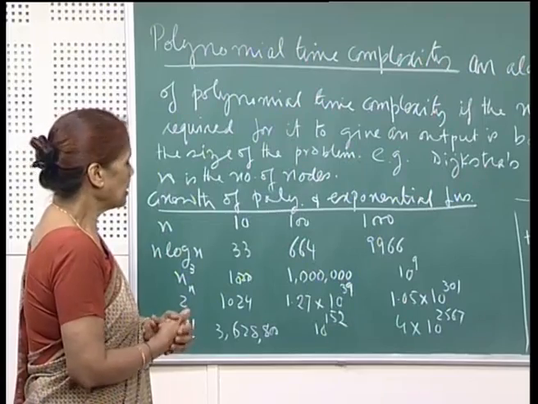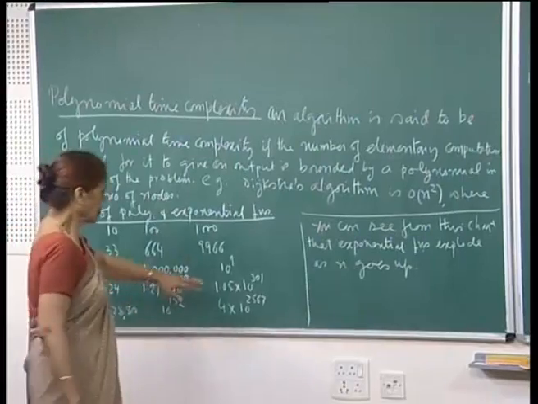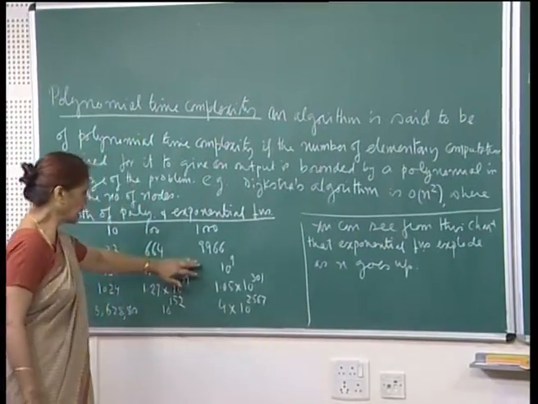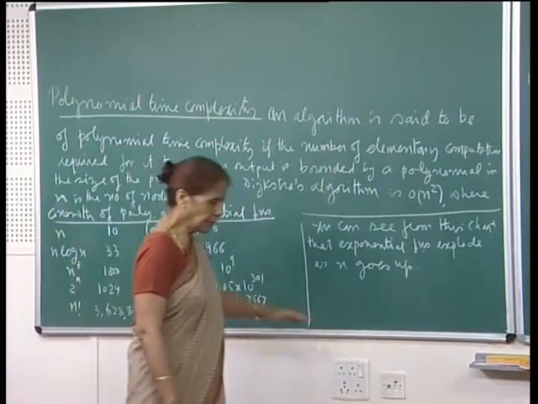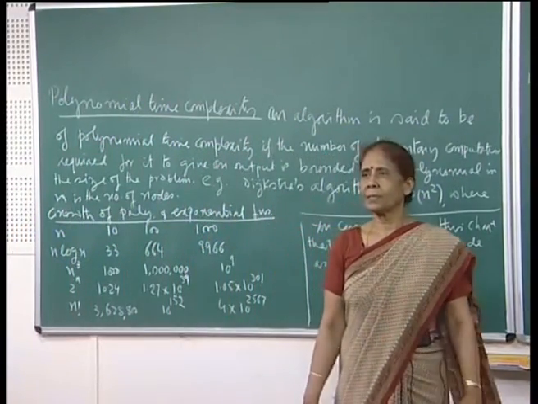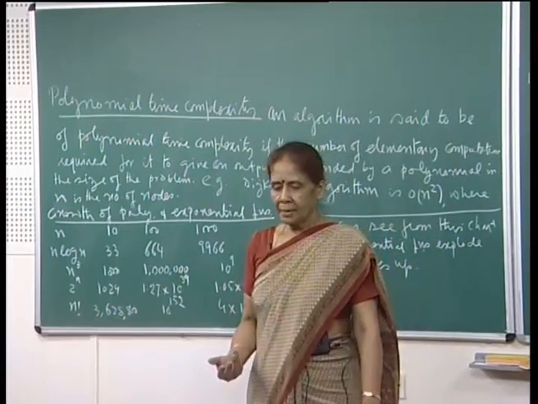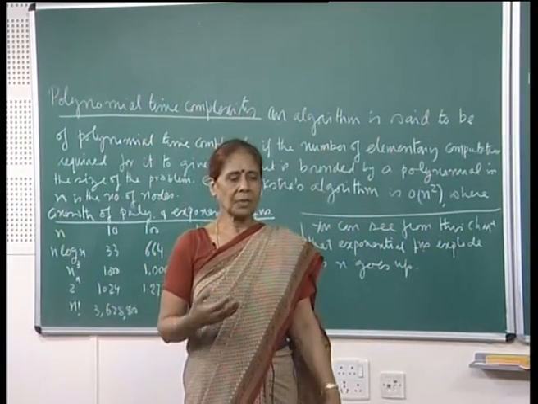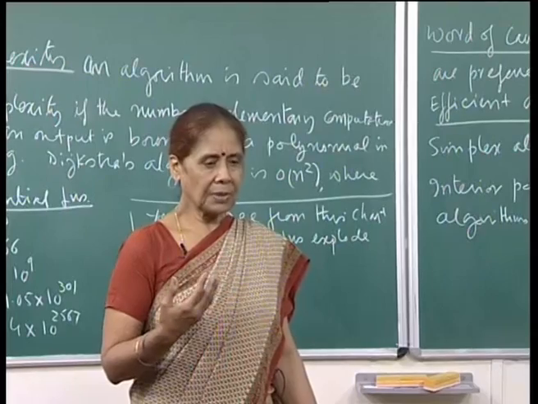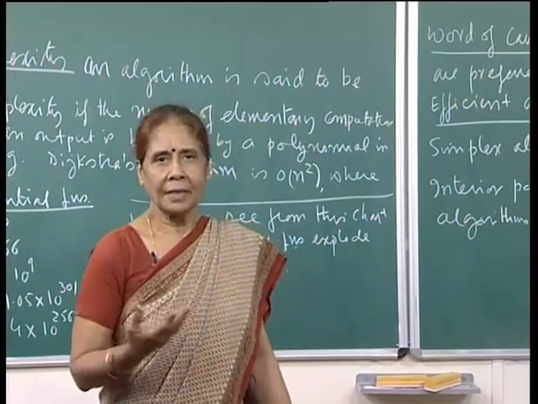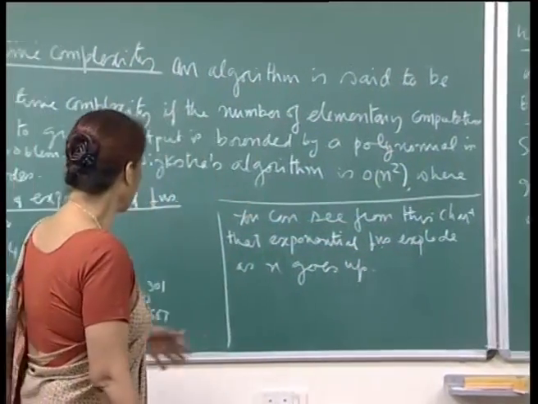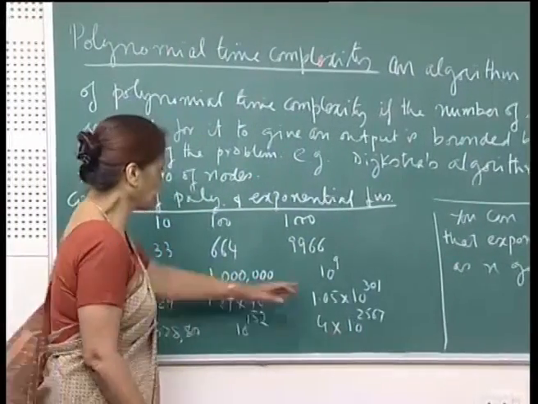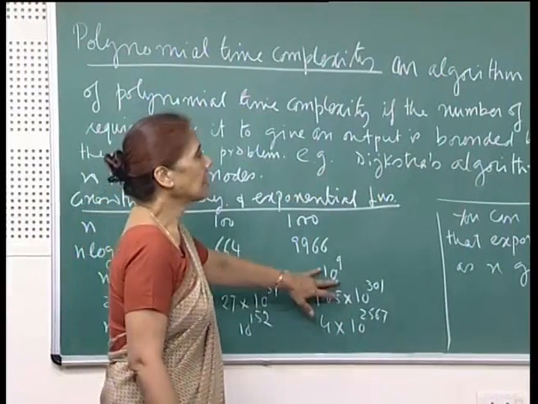Okay. And so, of course, one can ask whether it is enough to have polynomial time complexity, because if the complexity is a polynomial of the order of, let us say, 50, then n raised to 50 is also a big number, because n raised to 3 already is becoming 10 raised to 9, right.